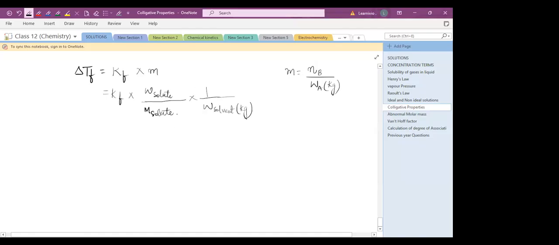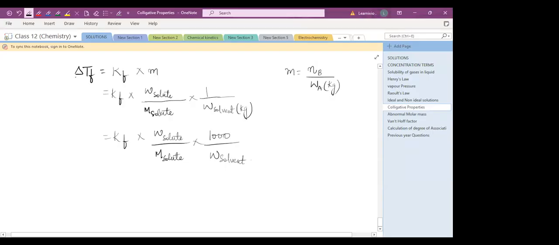Since the solvent mass is in kg, to convert it into grams, write KF into W, weight of solute, upon molar mass of solute, into 1000 upon the mass of solvent in grams.